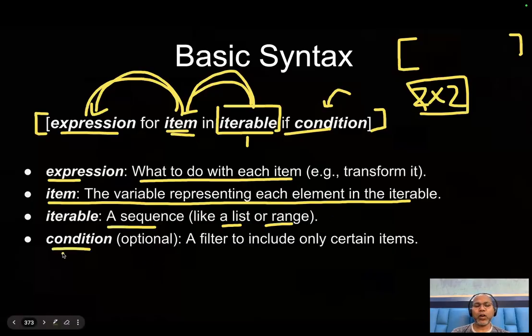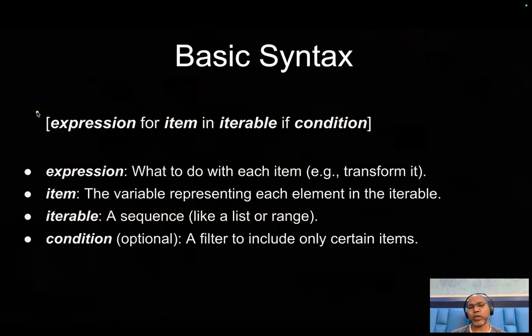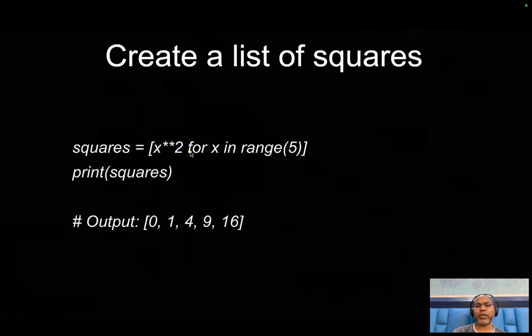And the condition is optional. If you apply a condition, only the elements for which the condition is true pop out. These are very concise and elegant ways to create a list from an existing iterable collection. For example, here we have range of 5, which means we have 0, 1, 2, 3, 4.